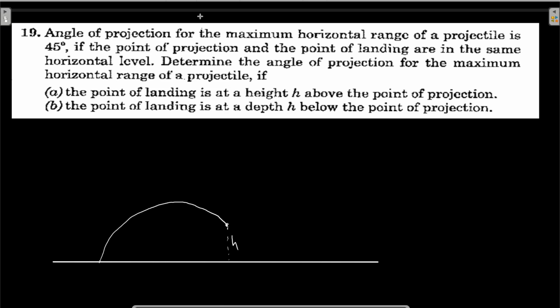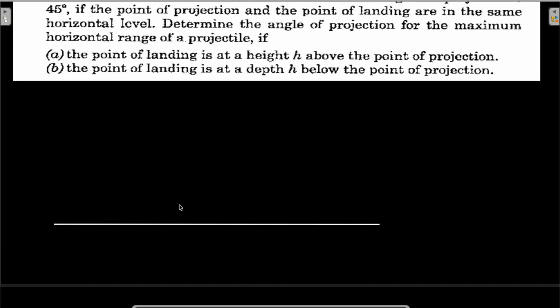Now we'll draw the corresponding vector diagram. We'll shift it a bit.